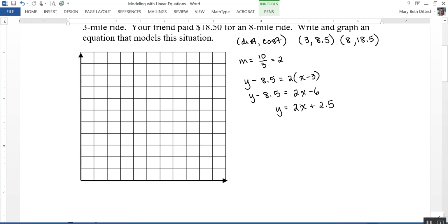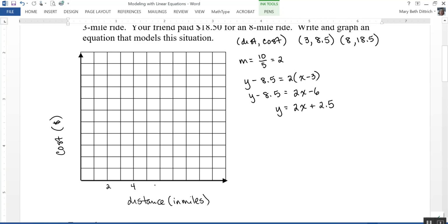So I'm going to graph my distance down here, and that's in miles, because that's my independent variable. My dependent variable is going to be my cost, and that's going to be in dollars. I think I can just go ahead and count by ones here. So I'll just label a few things here.